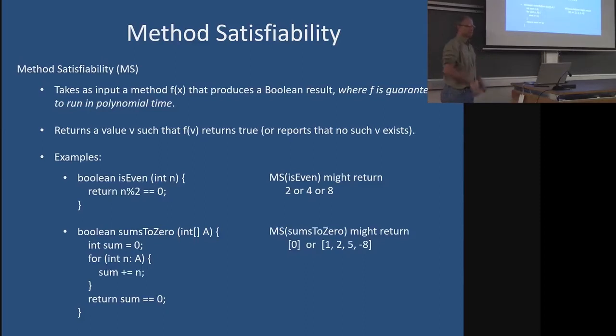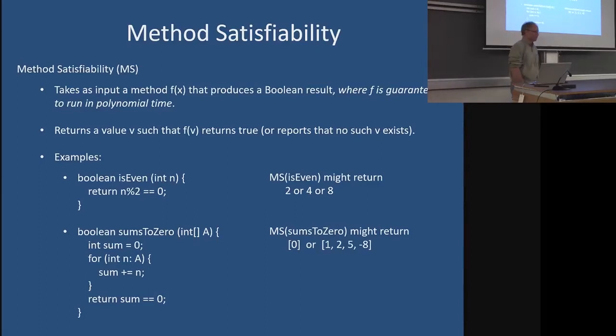Does the array have to be finite, or does it matter? Yeah, the array has to be finite. Okay, so let me ask you, what if your final CADIS assignment was to implement MS? It seems like a hard thing to implement, right?